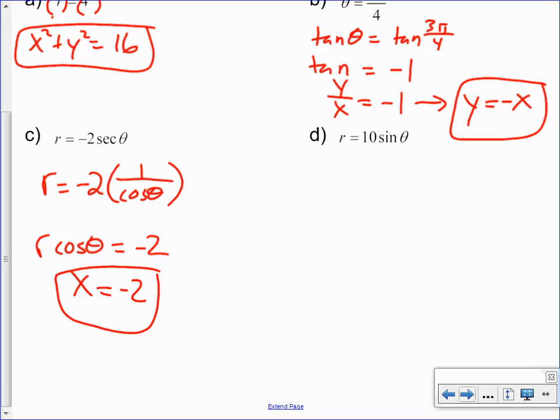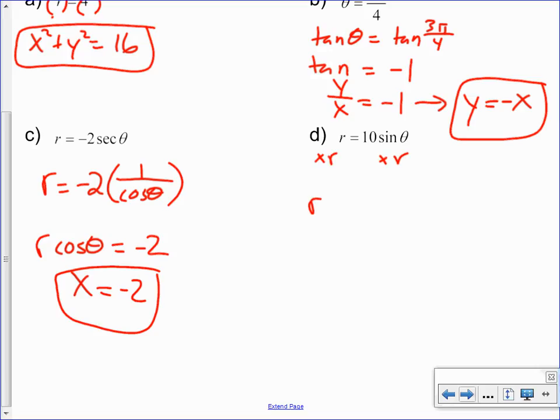Here we go. r equals 10 sine theta. It's a shame r isn't 10, because then that would just be y. Think about the first one that we did. Multiply r to both sides.